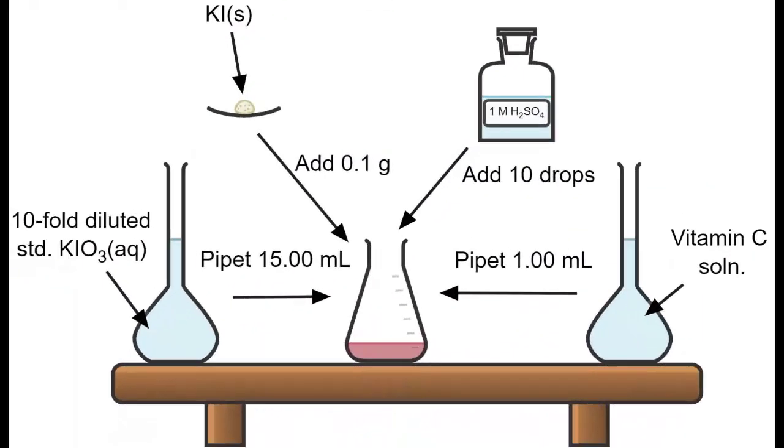We are now finally ready to prepare a 125 ml Erlenmeyer flask with the reaction mixture to produce aqueous iodine, which will then be reacted with a portion of the vitamin C solution.